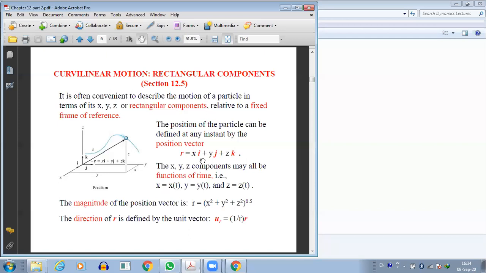You can also join them together: r will be the square root of x squared plus y squared plus z squared.